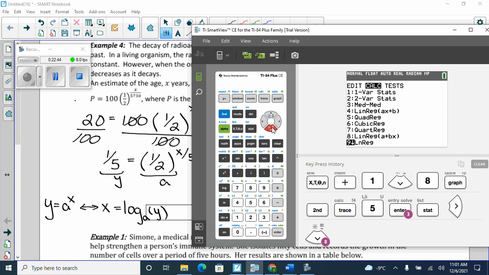And then 0 is exponential regression, which is what we're going to do today. So 4, 5, 6 are from polynomials. 9 and 0 are from this unit. And then C is the very last unit, which is sine. So if you pick C on this test, don't. If you pick anything but 4, 5, 6, 9 and 0, you are not going to get it right, because you're not picking the right things.